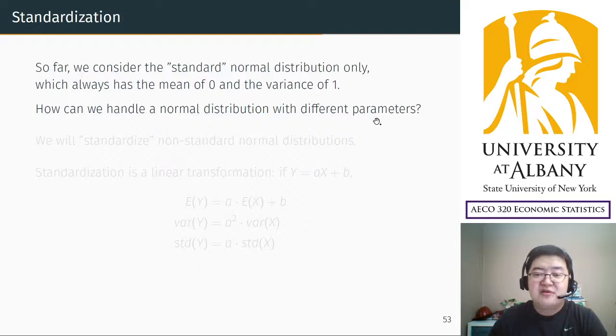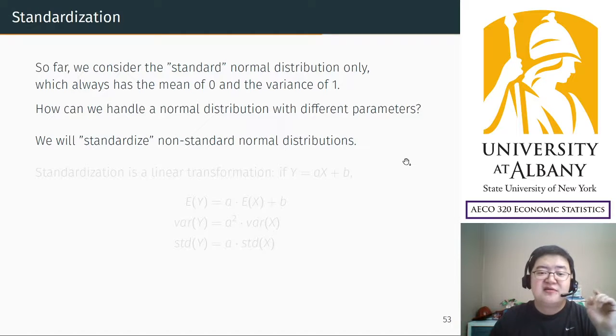What happens if the mean was not 0 or if the variance was not 1? My answer is, what's nice about the normal distribution is that we can always standardize any non-standard normal distribution into the standard normal distribution. Always. So the starting point is again going back to chapter 3.